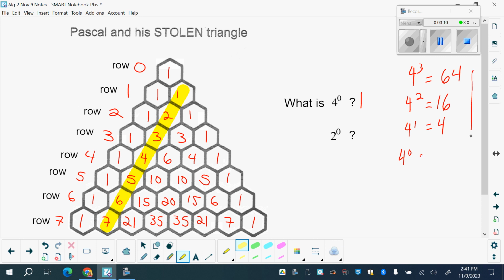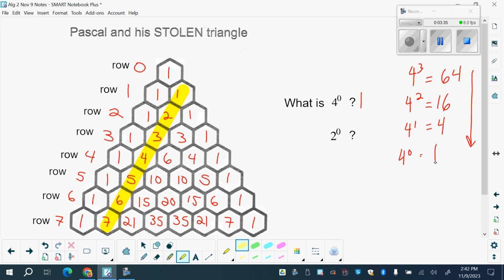As I go down this direction, it gets smaller. Can we be more specific than that? Divided by 4. Good, Emma. So we're dividing by 4. 64 divided by 4 is 16. 16 divided by 4 is 4. What's 4 divided by 4? 1. So that's where that comes from.